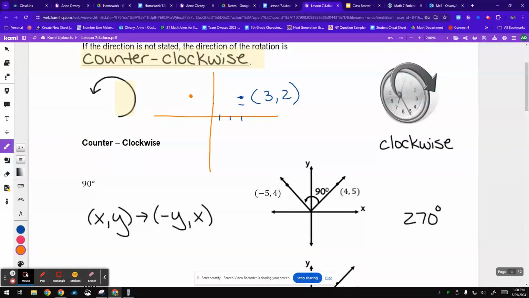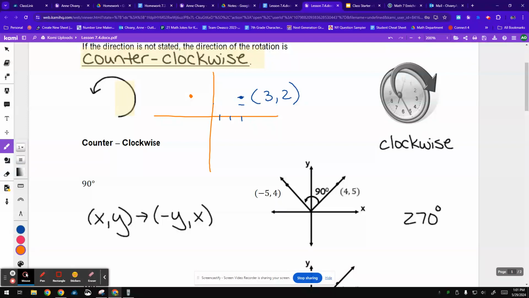What point do you think that'll be, just based on taking the point 3, 2 and turning the whole thing to the left? What point do you think that will be, Quinn? It's going to go this way. I think it's going to be -2, 3.